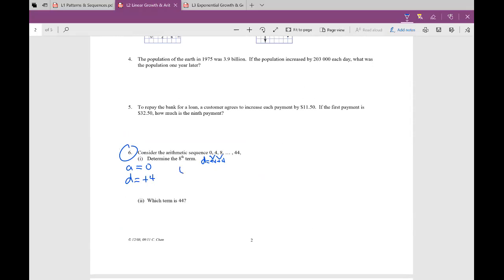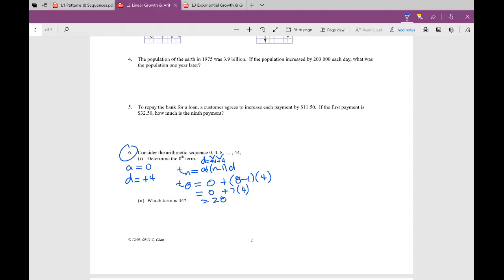So we're using that formula, a plus n minus 1 times d. So the 8th term is 0, that's the first term, plus 8 minus 1, which is really 7, times 4. And that is the 8th term, 28.